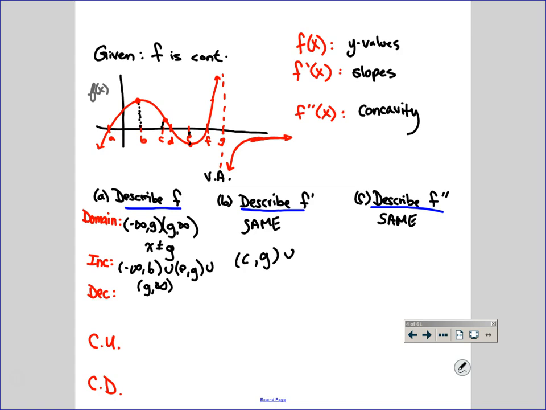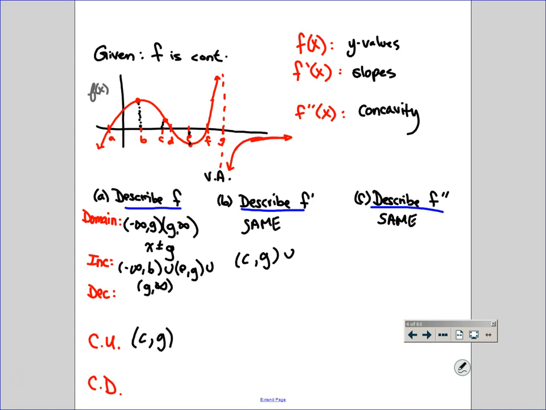Oh wait. F prime is increasing when its derivative is positive, AKA when f is concave up. Isn't f concave up that exact same interval?